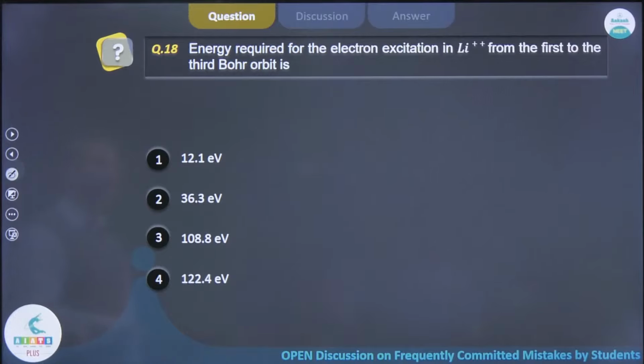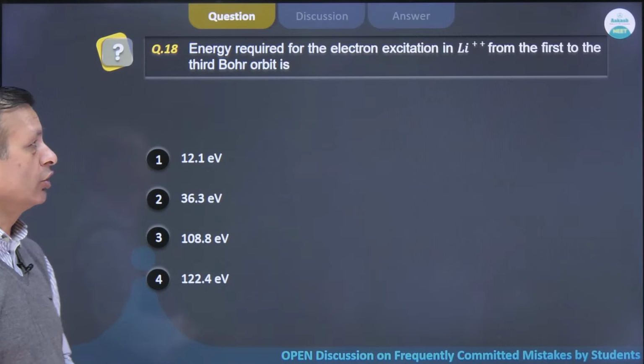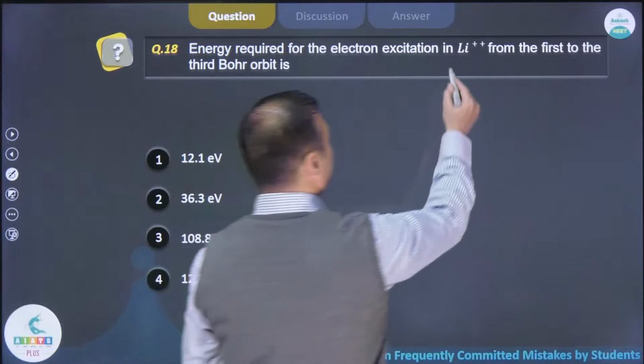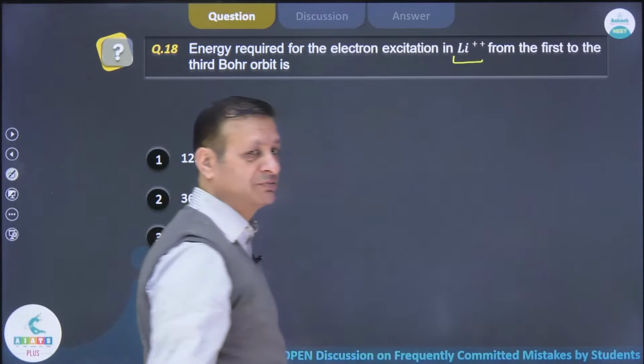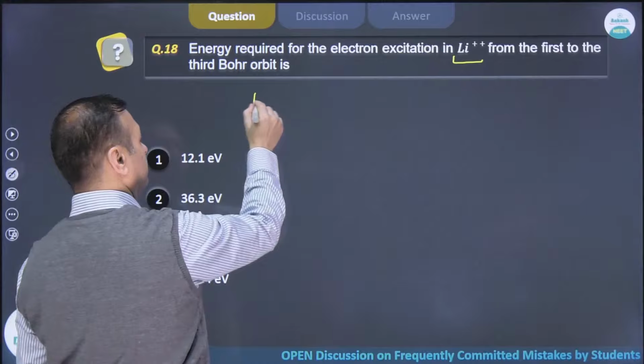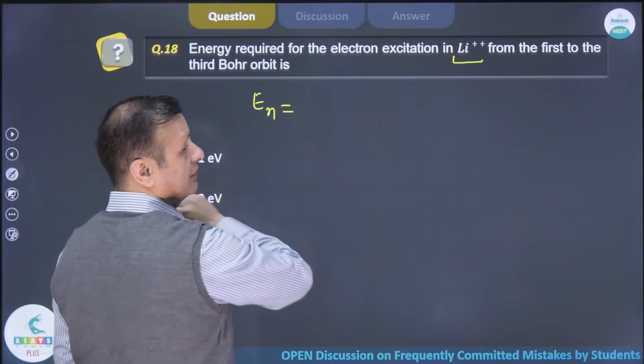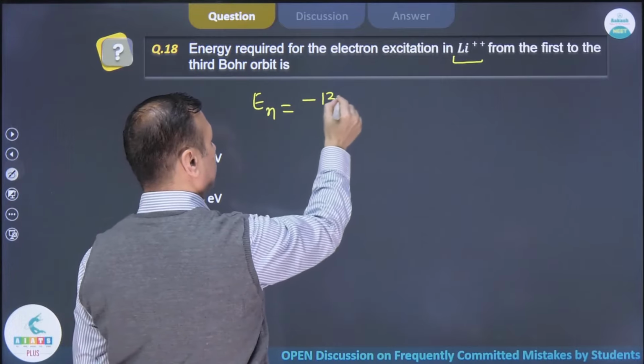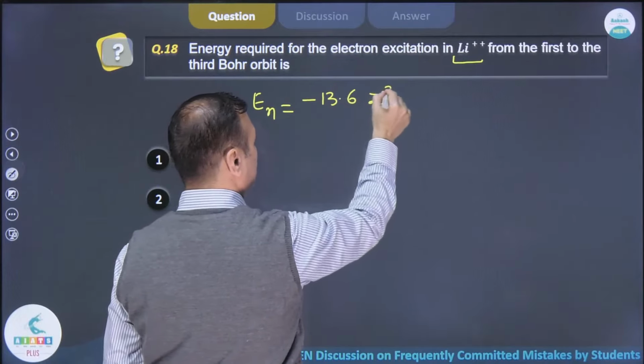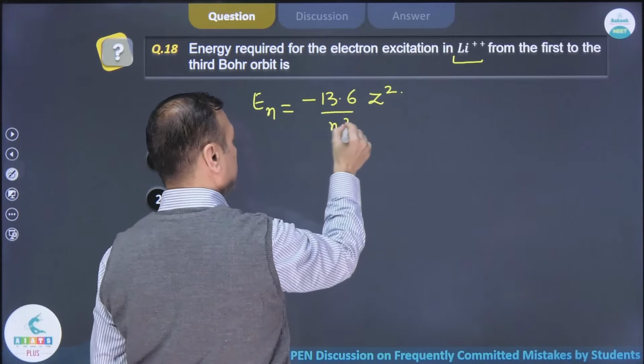Energy required for the electron excitation in lithium 2 plus from the first to the third Bohr orbit. So this is not hydrogen, but a hydrogen-like species, and the energy expression for hydrogen-like species is minus 13.6 Z square by n square.